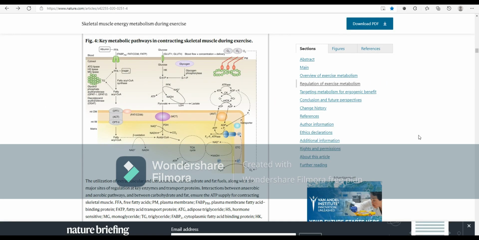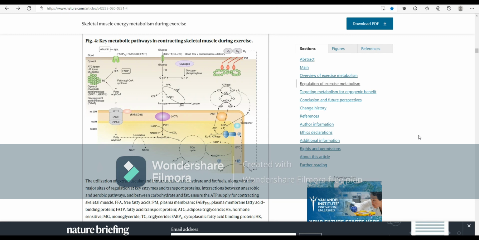Here we have an image from the Nature journal, from an article concerning skeletal muscle energy metabolism during exercise. Here we have a biochemical study, and this illustration demonstrates how ATP is generated and the key metabolic substances that contribute to this production.